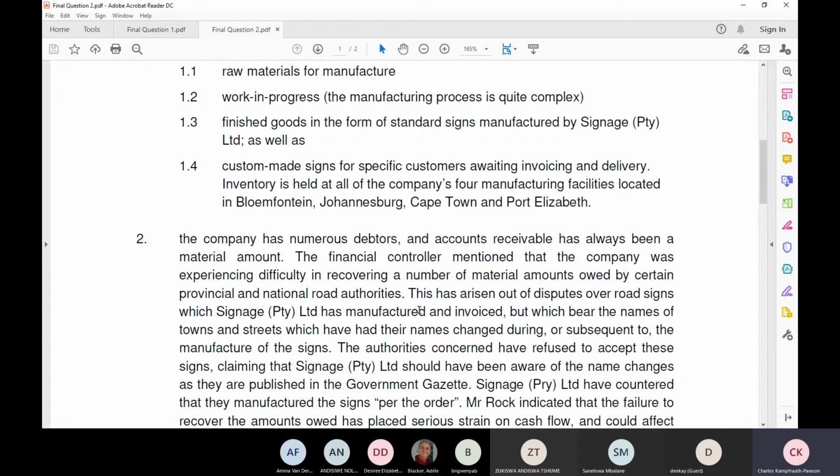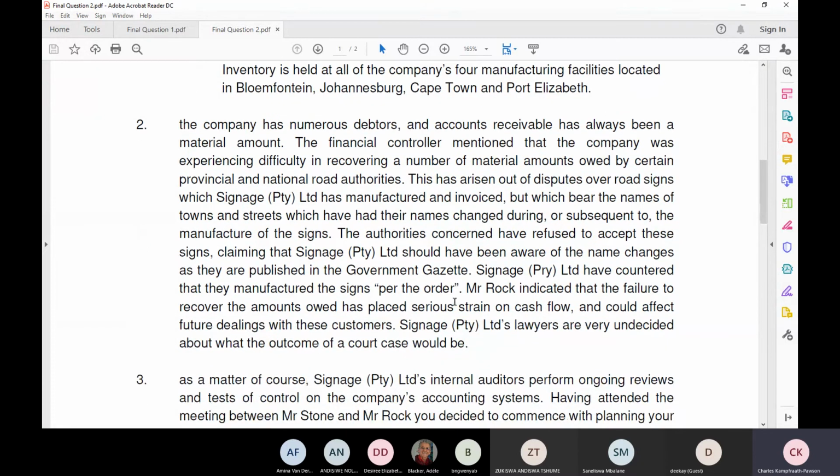The authorities concerned have refused to accept these signs, claiming that Signage Pty Limited should have been aware of the name changes as they are published in the Government Gazette. Signage Pty Limited have countered that they manufactured the signs per the order.